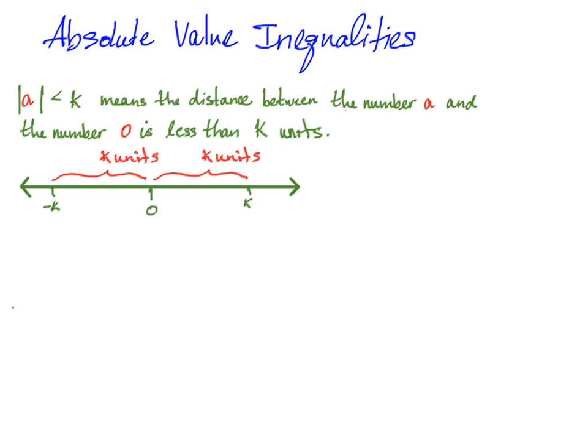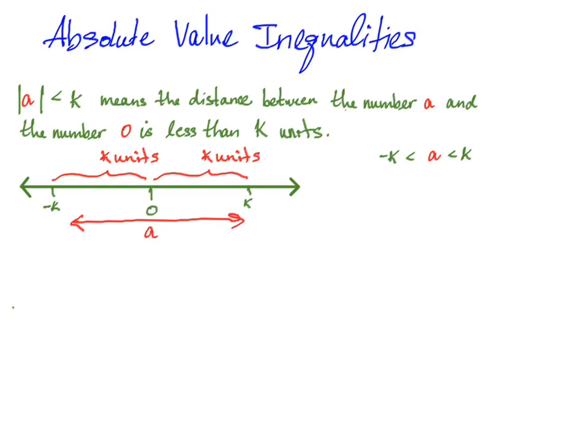So if the distance between A and 0 is less than K units, A has to be somewhere in between those two numbers, -K and +K. As an inequality, we say -K is less than A and A is less than +K, or A is greater than -K and less than +K.